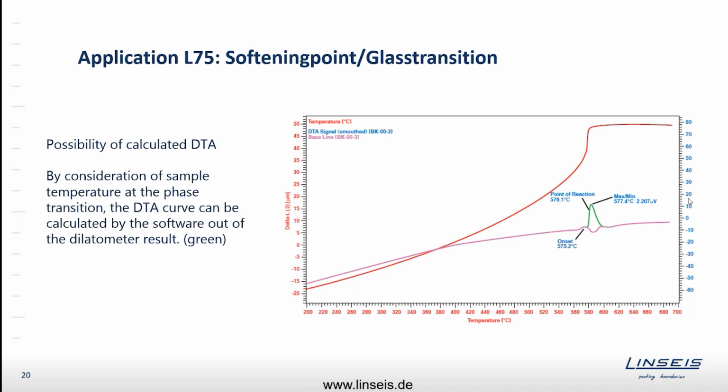Here you can measure the difference between program temperature and sample temperature, and out of this you can have an idea of a reaction peak. It's not a real DTA and the quality is poorer than a DTA, but if you do not have a DSC or DTA available, you have an indication and a hint how that might look like.